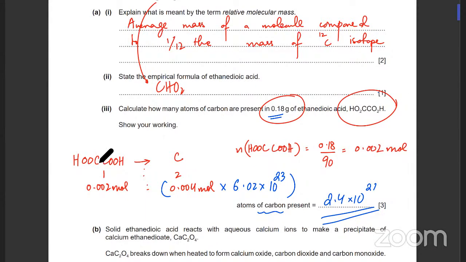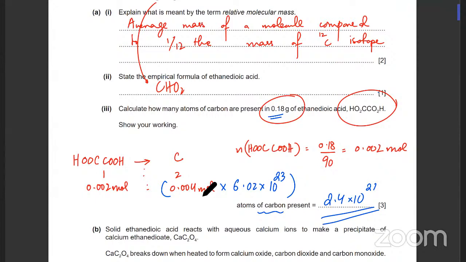If I had 50 molecules, how many carbons would there be? That would have been 100, right? So if I have 0.002 moles of this molecule, the amount of moles of carbon is going to be double that amount, right? But how can the double amount of moles be in only one molecule? Maybe it's moles of the molecule.